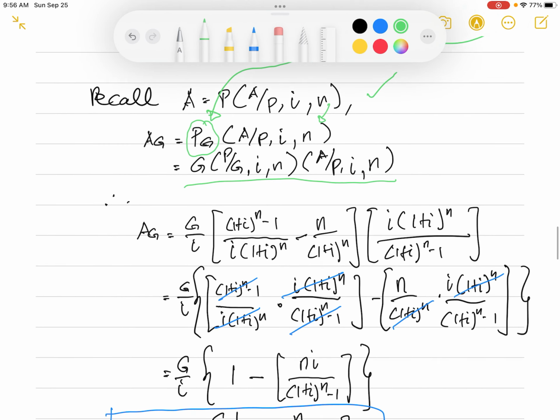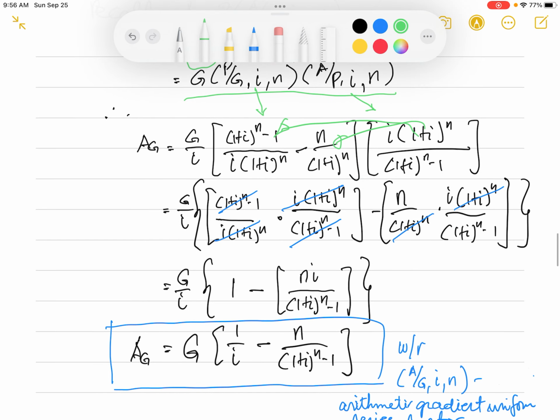For example, here is the corresponding present worth gradient formula, and this is the corresponding uniform series annual worth factor. So you just distribute it here, and you will end up with this expression.